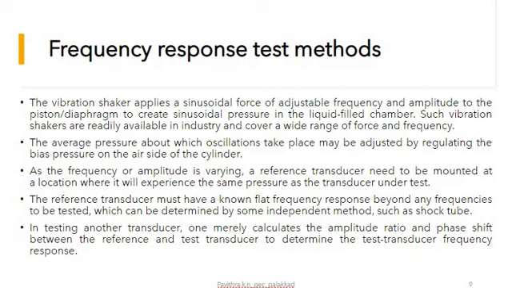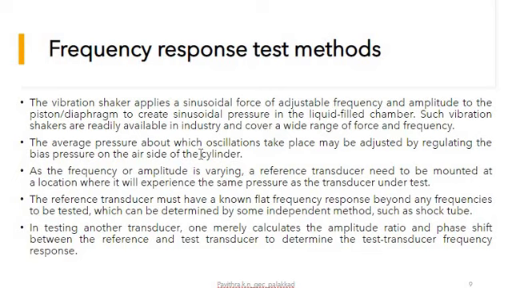The vibration shaker applies a sinusoidal force of adjustable frequency and amplitude to the piston or diaphragm to create sinusoidal pressure in the fluid filled chamber. Such vibration shakers, the electromagnetic shaker, are readily available in industry, and will cover a wide range of force and frequency as per our requirement.